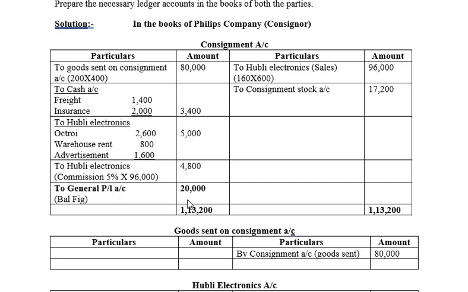Balance of 20,000, that is 1,13,200 minus 80,000 minus 3,400 minus 5,000 minus 4,800. Balance will be 20,000, which is nothing but profit, which is transferred to general profit and loss account. Okay, nothing but balancing, in the bracket balancing figure.